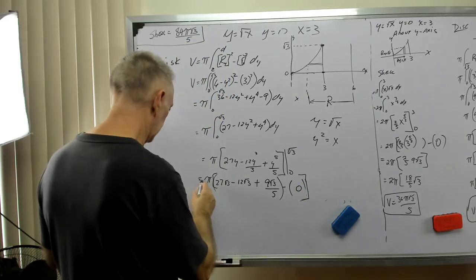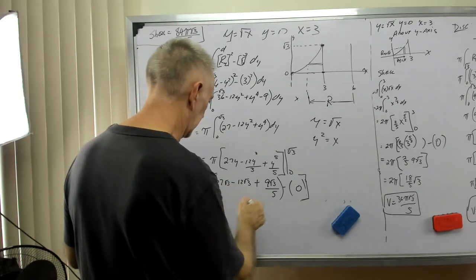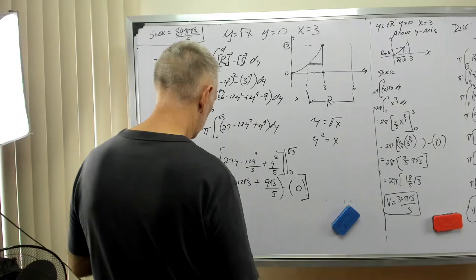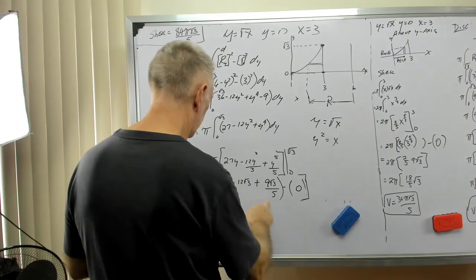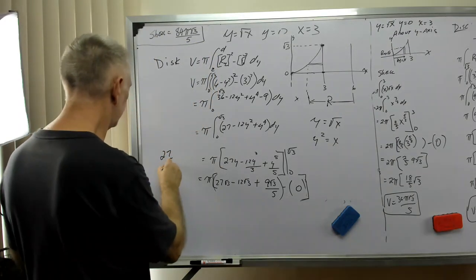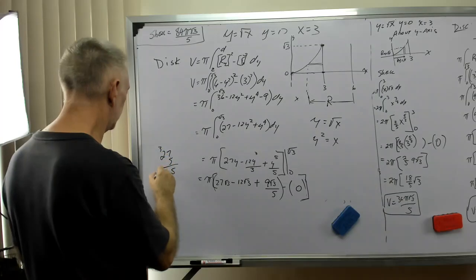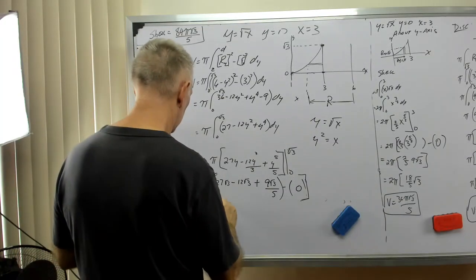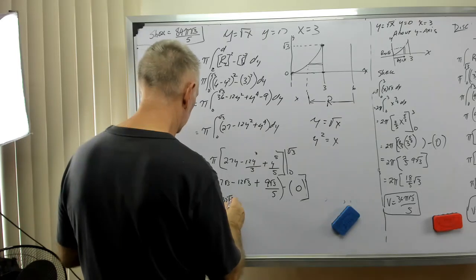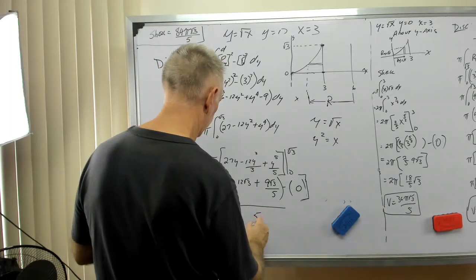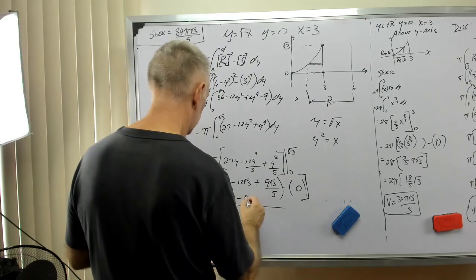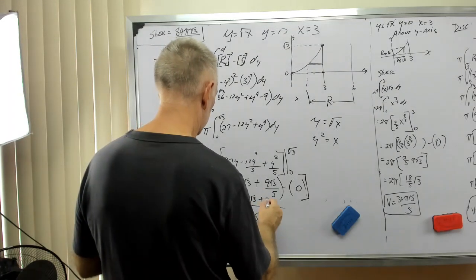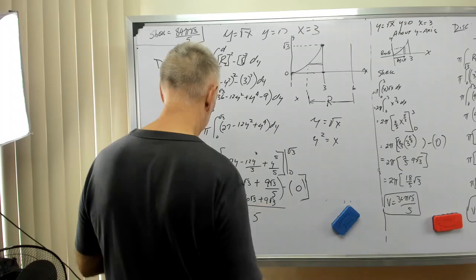All right, can we simplify something? Well, we need to get a common denominator here. 27 times 5 is 135. So I have pi times 135 square root 3, and all this is going to be over 5, minus 60 square root 3 plus 9 square root 3.